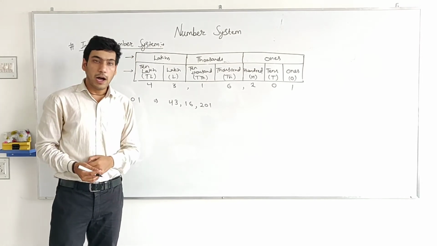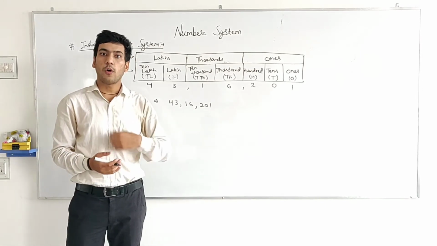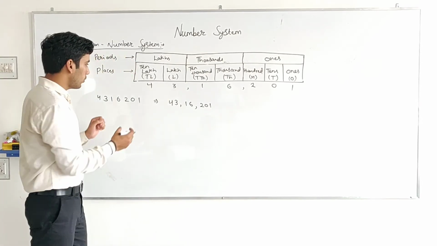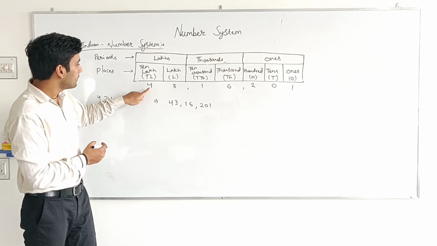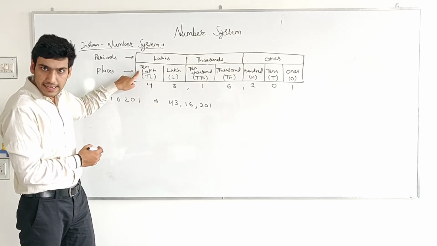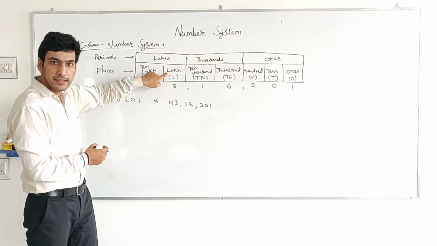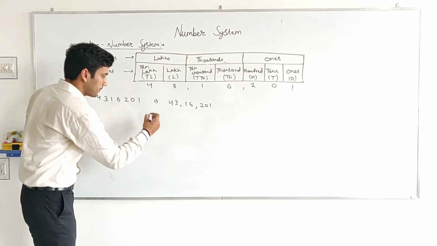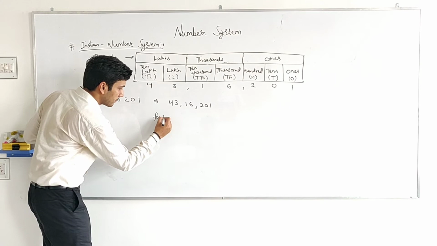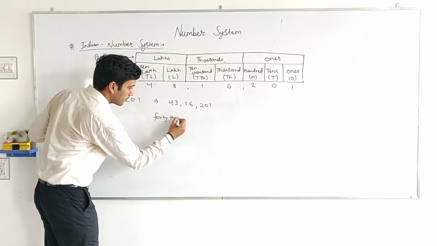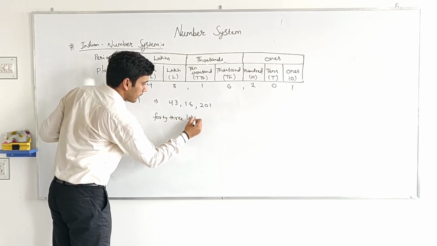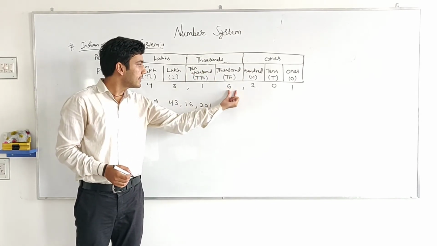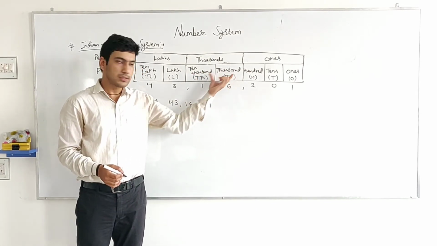Next, how we can write the number name of any number in this Indian number system. So listen, 4 is on my 10 lakh place and 3 is on my lakh place. So this makes 43 lakh. 1 is on my 10,000 place, 6 is on my 1,000 place.